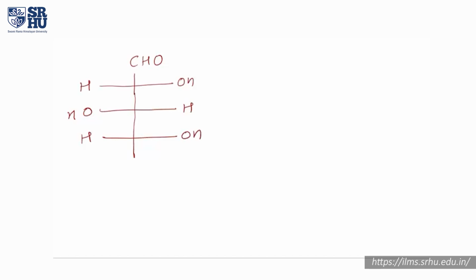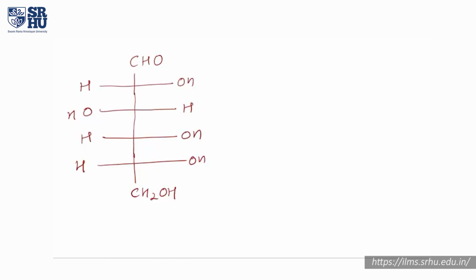Glucose is CHO, then HCOH, then OHCH, then HCOH, then HCOH, then CH2OH.